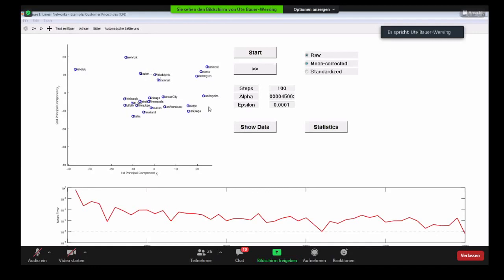We do see here a cluster of cities on the west coast of the United States: Los Angeles, Seattle, and San Diego. And this is San Francisco. This also basically belongs to that group. And we do see a bunch of cities here which are located somewhere in the middle of the United States. Okay? So this is how you can interpret this.